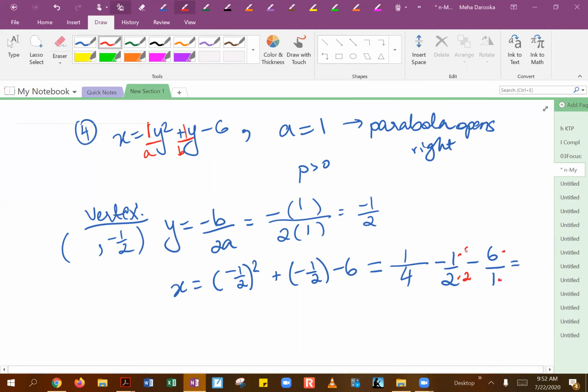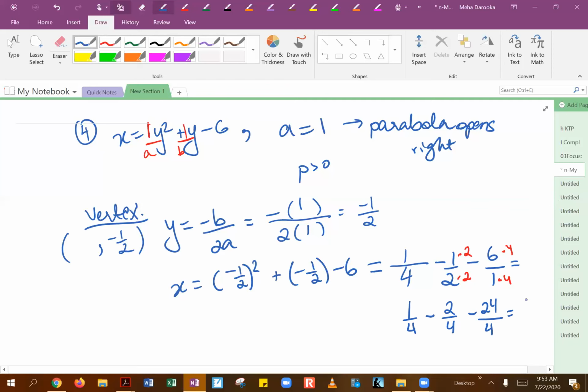So when you multiply all of these, you basically end up getting 1/4 minus 2/4 minus 24 over 4. So of course, keeping that common denominator, you have 1 minus 2, which is -1. -1 minus 24 is -25. So you should basically have -25/4 as your final answer.